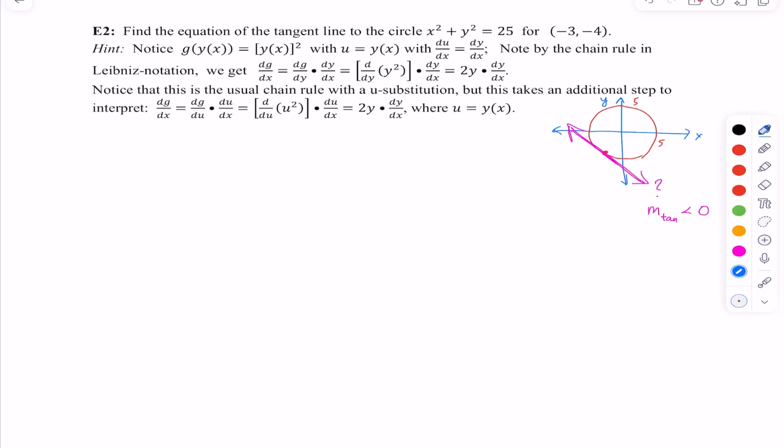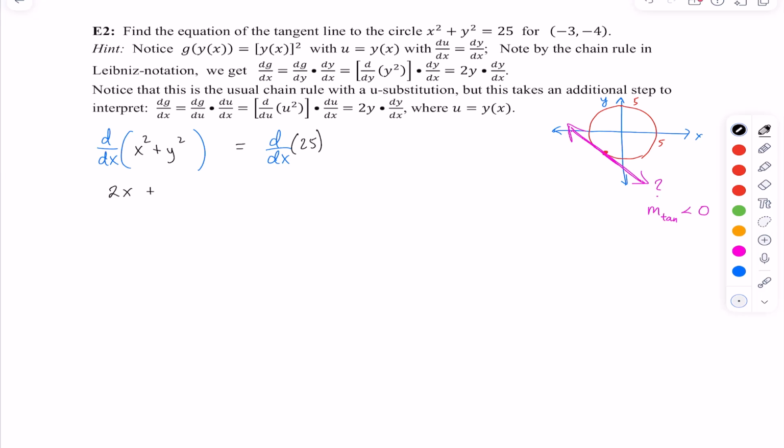I'll illustrate an example. We're going to take that equation and differentiate with respect to x, knowing that y is a function of x. Differentiating x squared with respect to x, you get 2x. Now the goal is to differentiate y squared with respect to x.